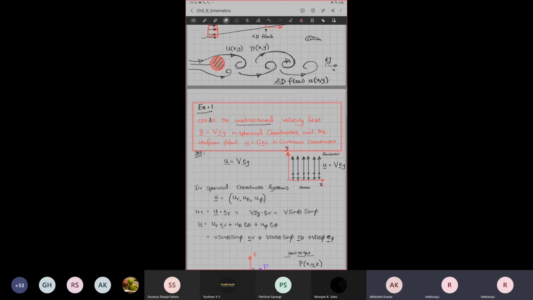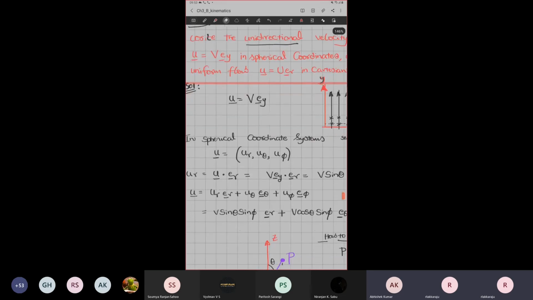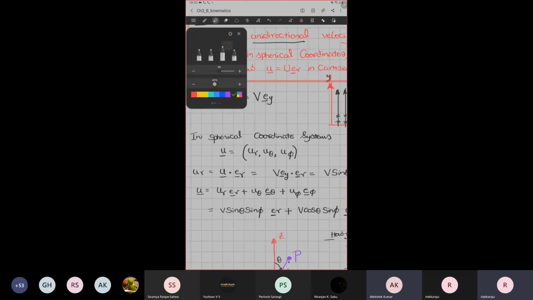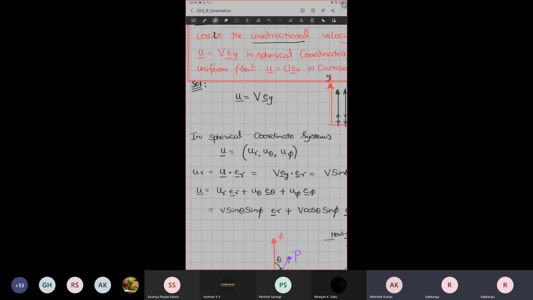Fine. If I would like to really convert that system into a spherical system, because I want to look at Earth as a sphere, I don't want to look at Cartesian, even from Rishikesh to Haridwar, I would like to convert that component. What we will do is, okay, fine.